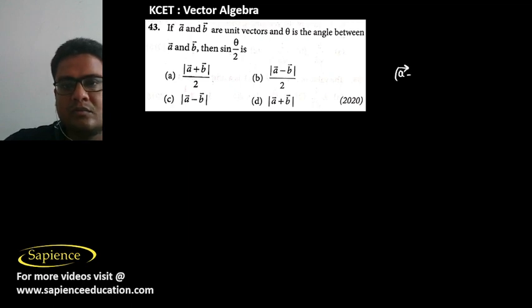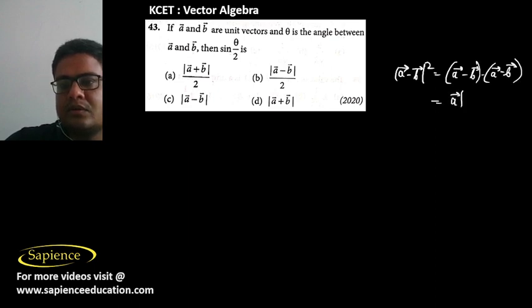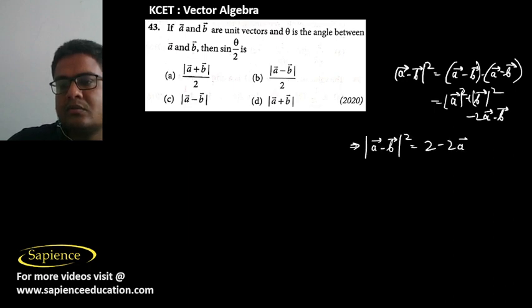If I do mod of a minus b whole square, that will be equal to a minus b dot a minus b. That will be equal to mod a square plus mod b square minus 2a dot b. Therefore, mod of a minus b whole square is equal to 2 minus 2a dot b.